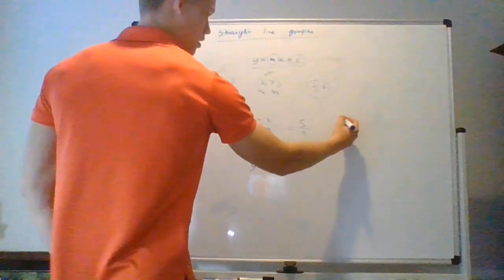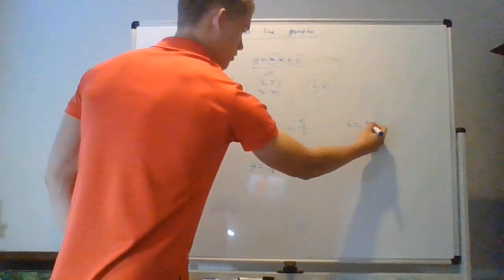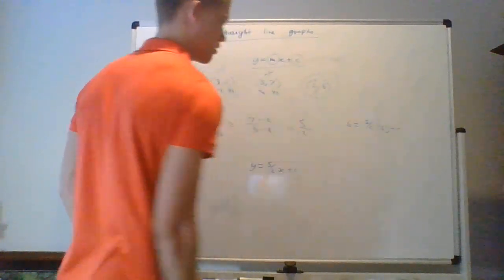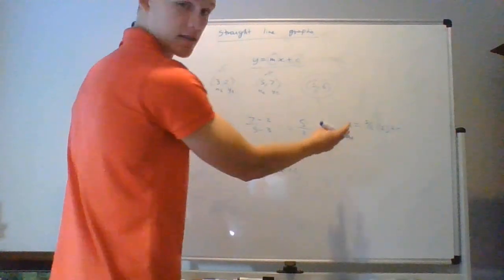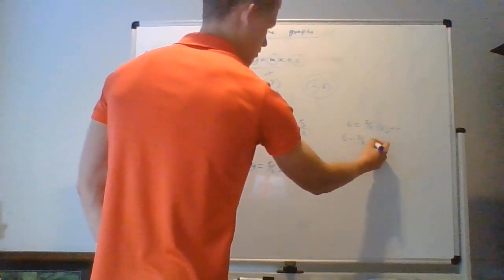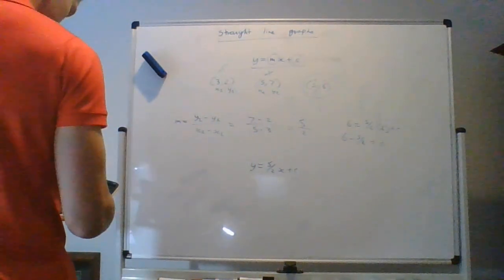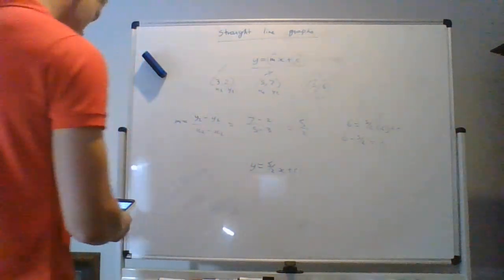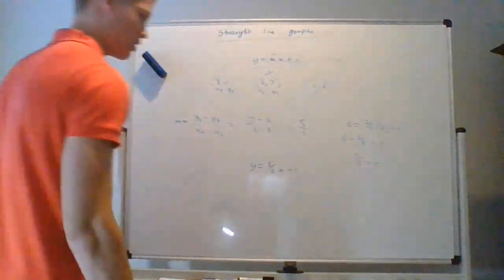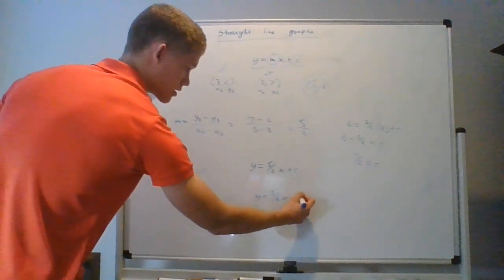So we could write 6 equals 5 over 2 times the x value 1 plus c. And then we make c the subject of the formula. So we're going to minus 5 over 2, and that gives us c, which is 6 minus 5 over 2, which is 7 over 2. So our equation is y equals 5 over 2x plus 7 over 2.